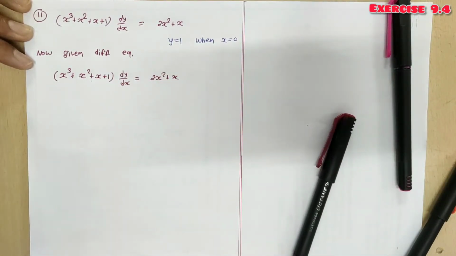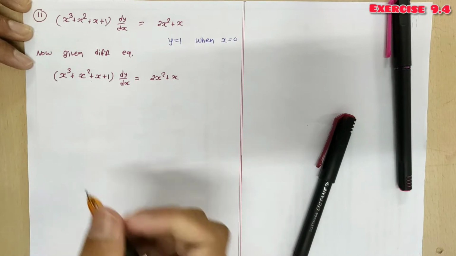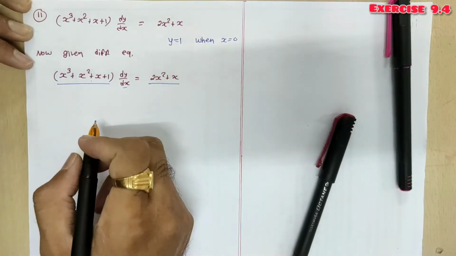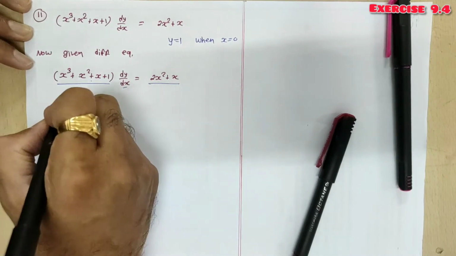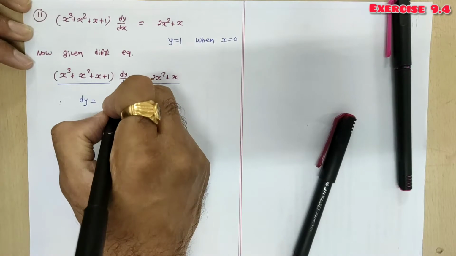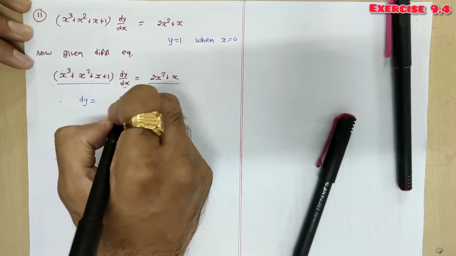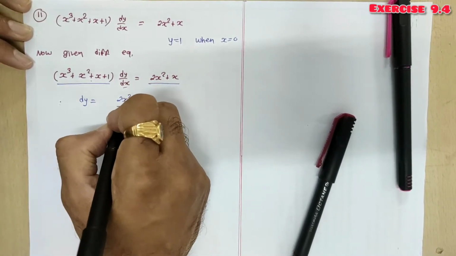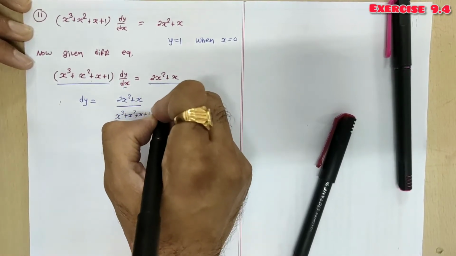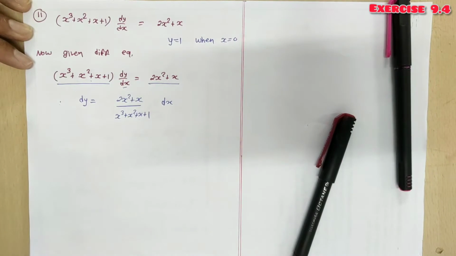We will solve it by using the variable separation method. All these terms are with x, so taking them to the right hand side, we get dy equal to (2x square plus x) upon (x cube plus x square plus x plus 1) into dx.